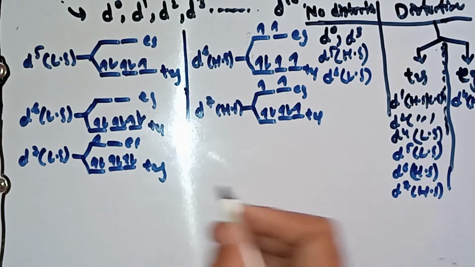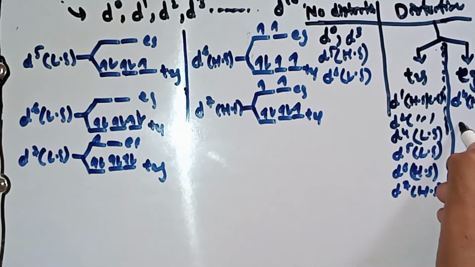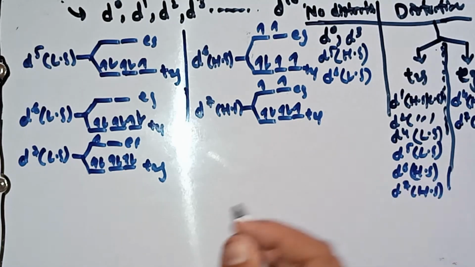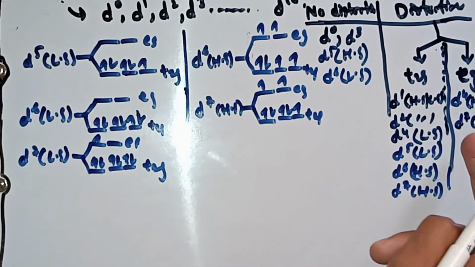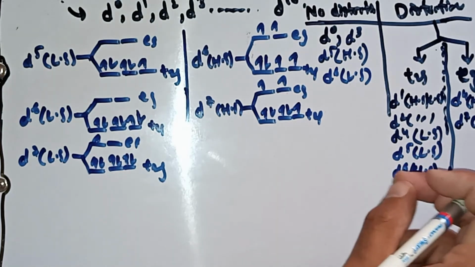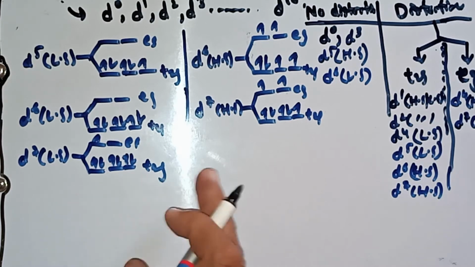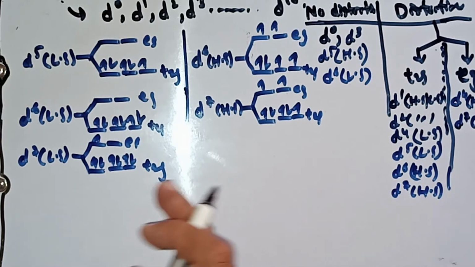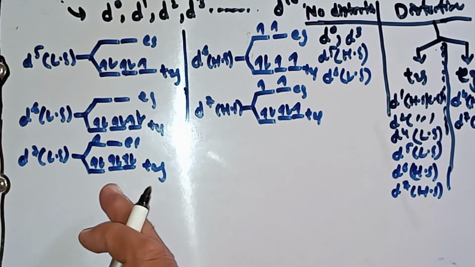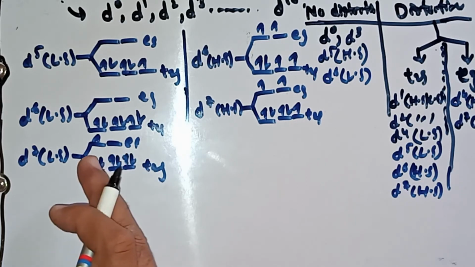So here Eg distortion occurs in D7 system when they are low spin complex, that is, when strong ligands are used in D7 system, when there are 7 electrons in the d system. So in low spin, the pairing will occur. That's why the Eg orbital will get 1 electron.